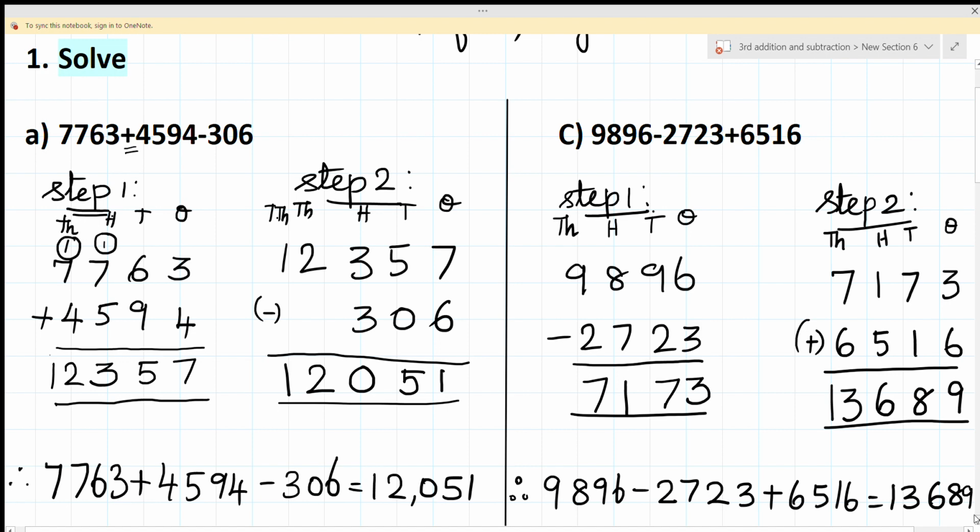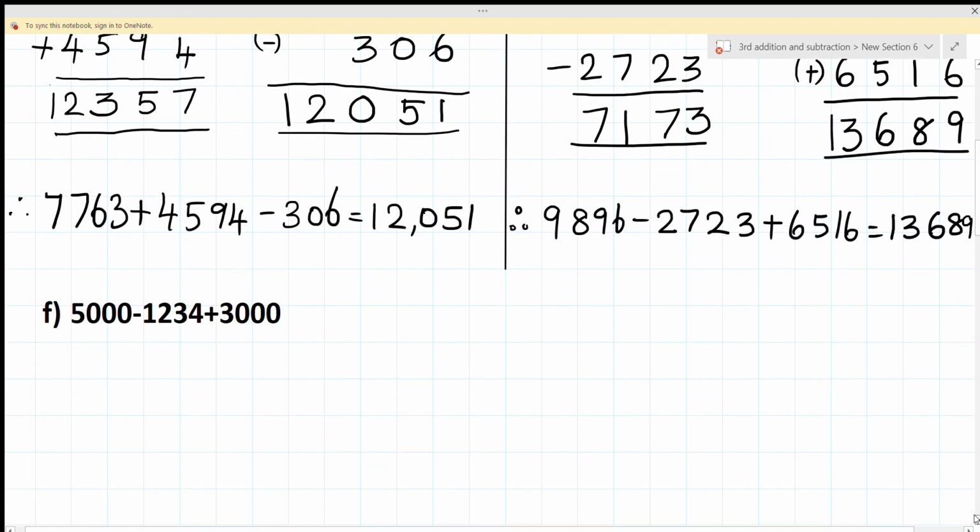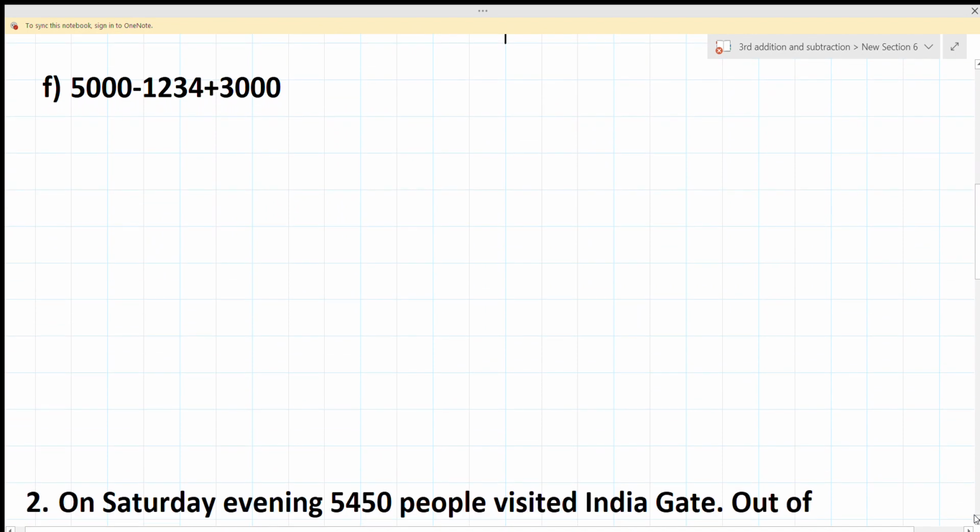The third question is 5,000 minus 1,234 plus 3,000. Here we are going to find the difference of first two numbers.